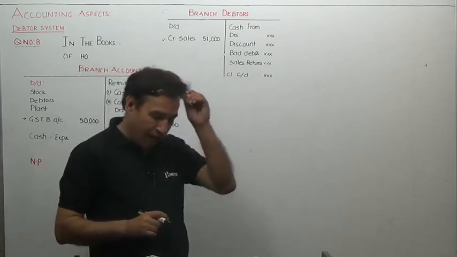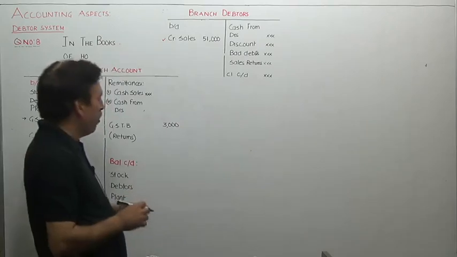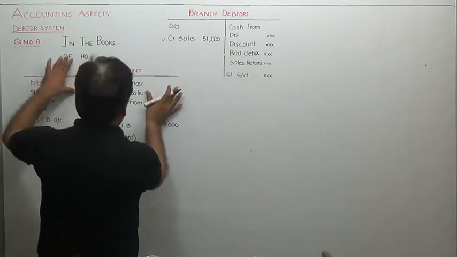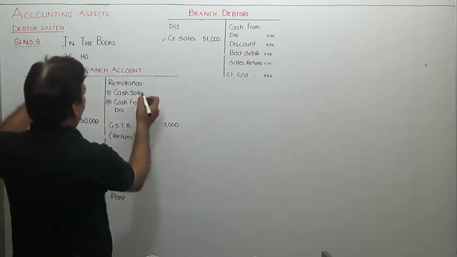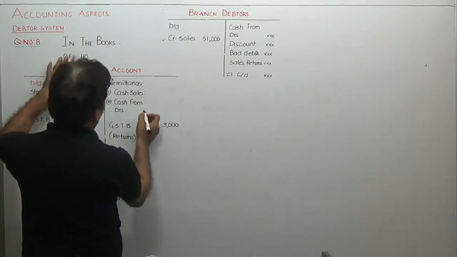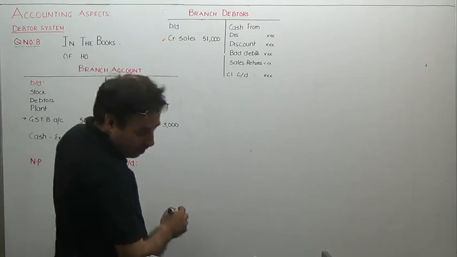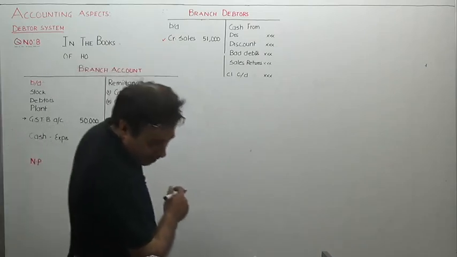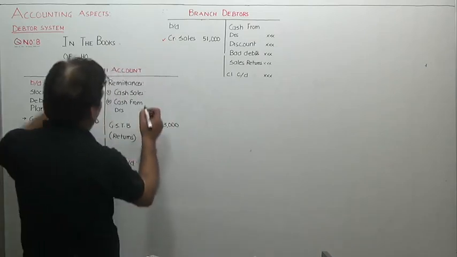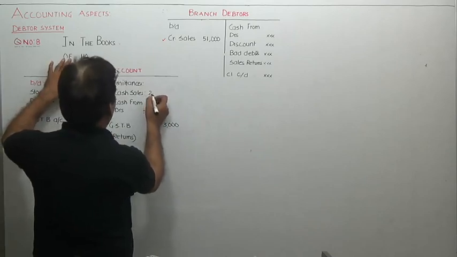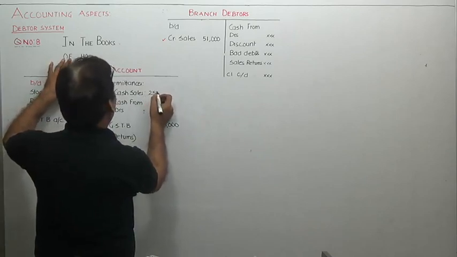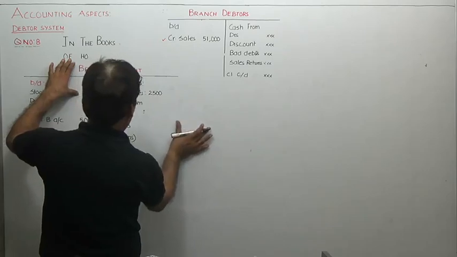Then we have cash sales at branch. We just talked about remittances. Remittances has two important facets. One is cash sales, which is given to you. In this case, cash sales are 2,500. So you will write here cash sales 2,500.